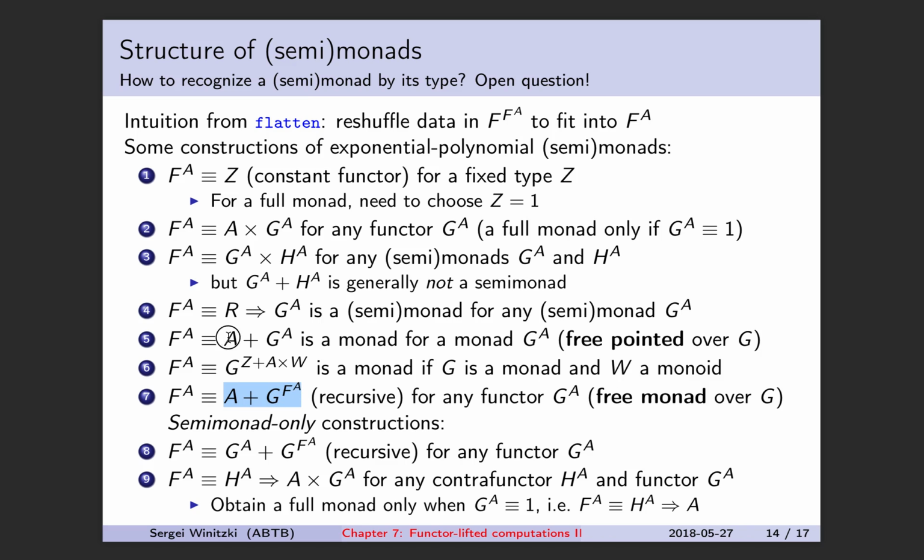This is very well known, but this is a free pointed, it's less well known. This is the G-shaped tree with G-shaped leaves. That is a semi-monad only. And this is a semi-monad or monad with some restrictions.